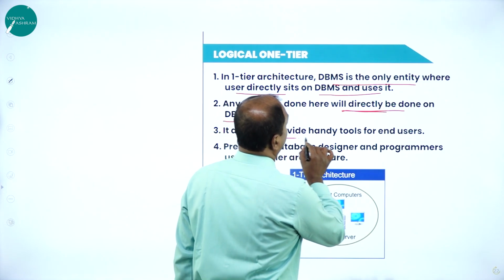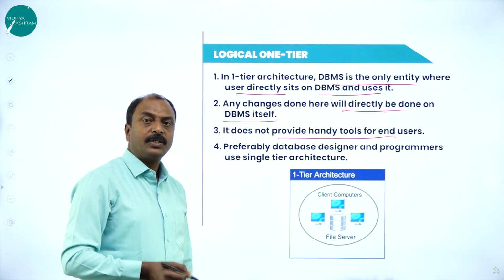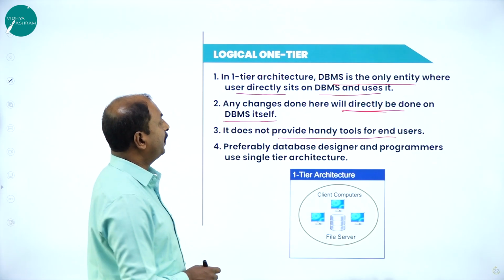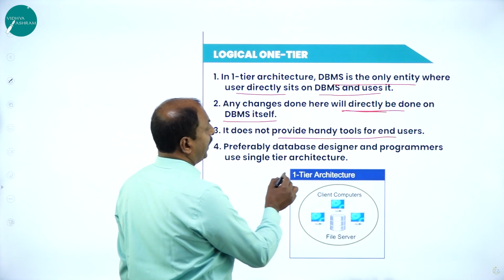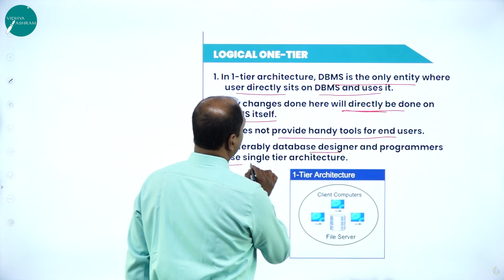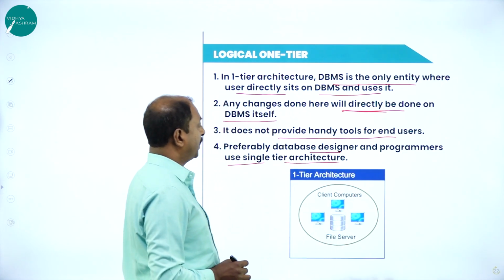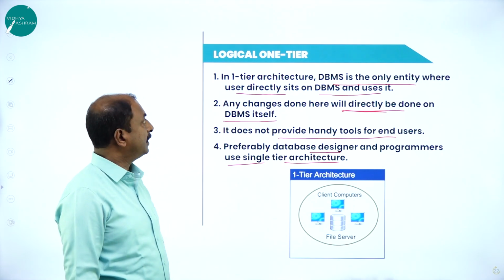It doesn't provide handy tools for end users. The user works directly without making use of any different tools, and preferably database designers and programmers use single tier architecture. So this is logical one tier architecture.